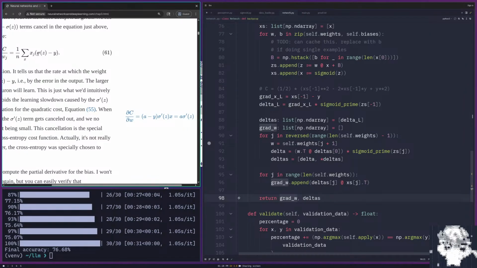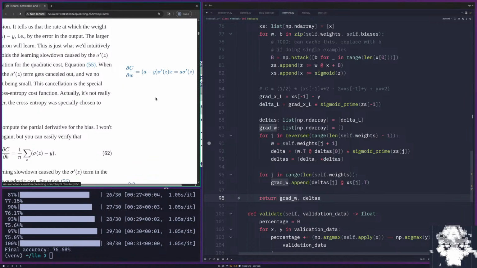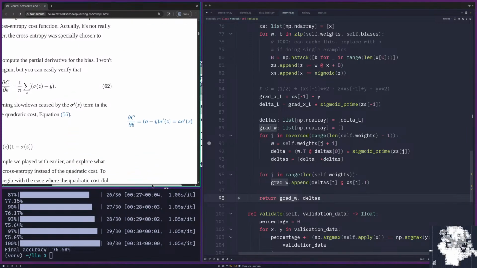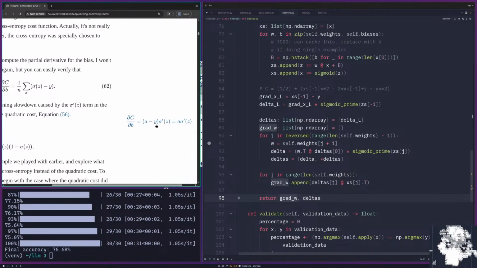A of z is the same as a, or sigmoid of z is the same as a. So for the weights, you should just get rid of the sigmoid prime. For the biases, you should just get rid of the sigmoid prime.